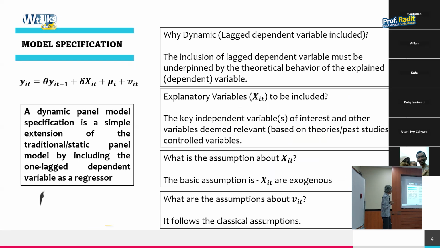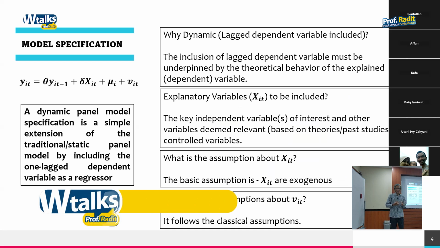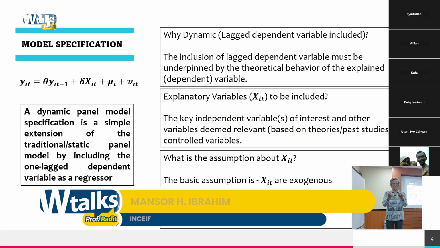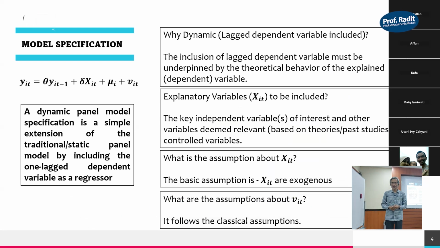When we say dynamic panel, you are dealing with panel data. I think I listened to three colloquiums by your friends yesterday. All of them use panel data. So I don't think I have to explain what panel data is, right? Because you have panels across units over time.